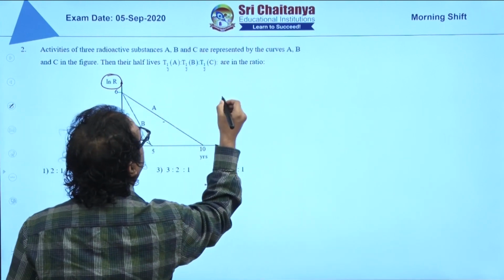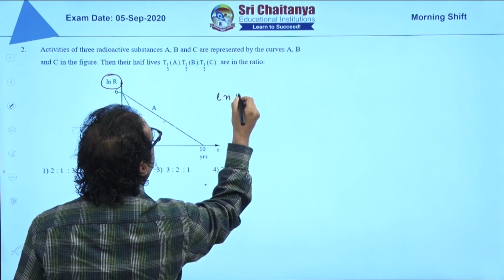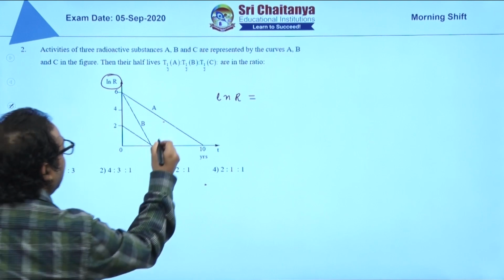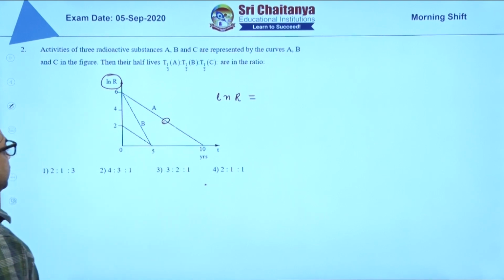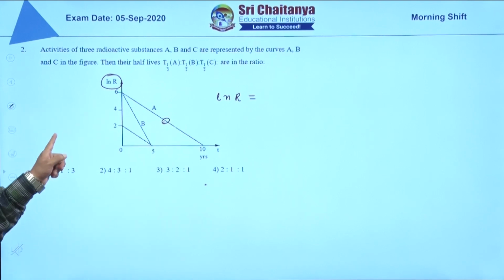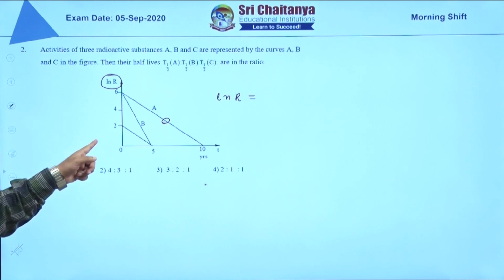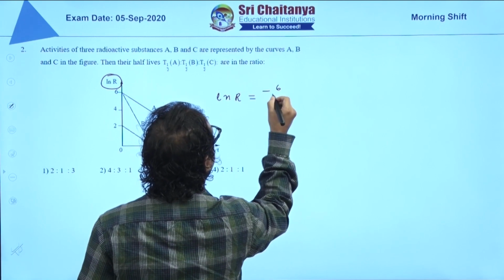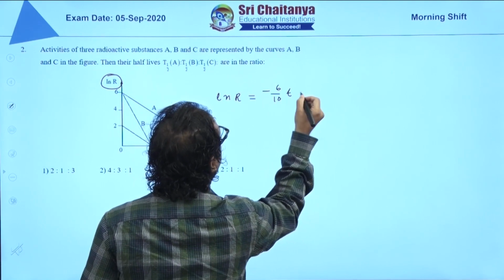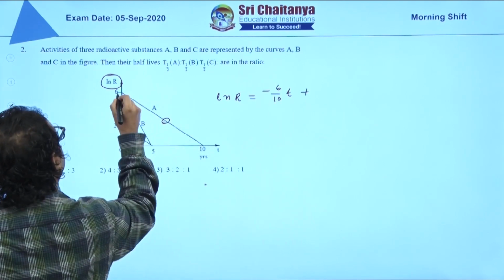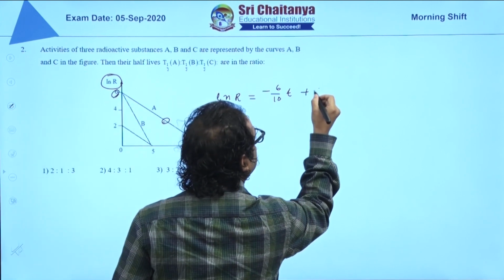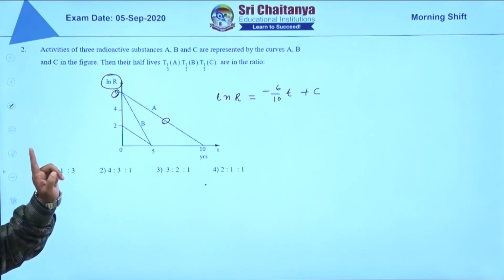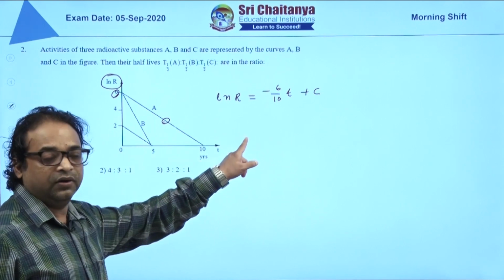So we can write it here as ln R equals, what is the slope of this line? Let us say it is equal to 6 by 10 with a negative sign, negative slope. So negative 6 upon 10 into t plus c, where y intercept is c. But this one is your ln R, the rate.